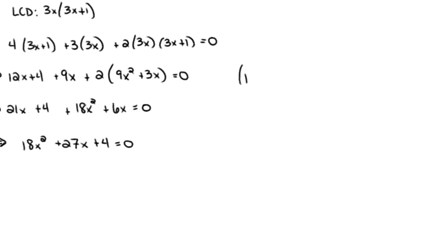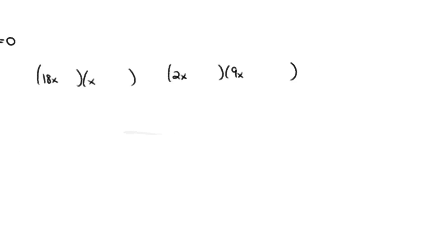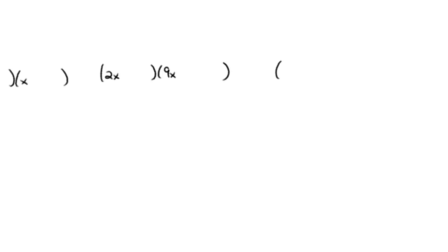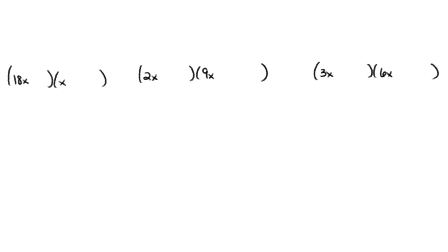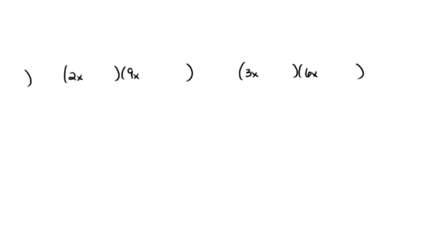To get 18x squared, you could get an 18x times an x, or a 2x times a 9x, or a 3x times a 6x. In those three options, I will probably choose either the 2 and 9 or the 3 and 6. So let's see, we want to get to 4.